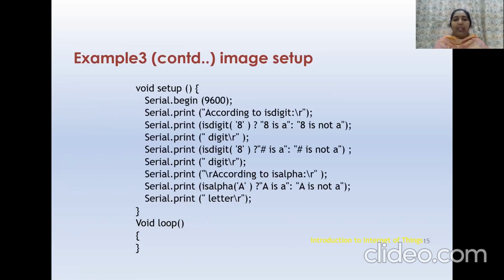Similarly, the next example uses the character functions. Already I have given some character functions such as isDigit, isAlpha, isSpace, isLower, isUpper. Here, for example, I'm writing a program using isDigit and isAlpha.